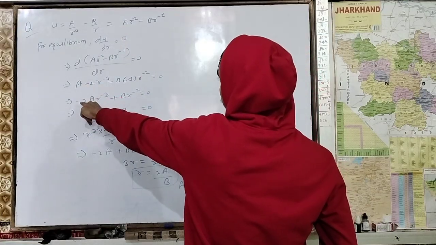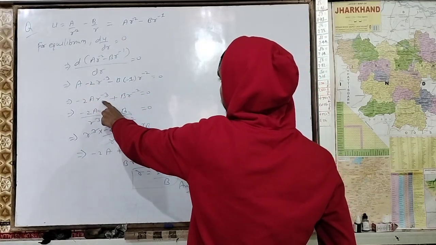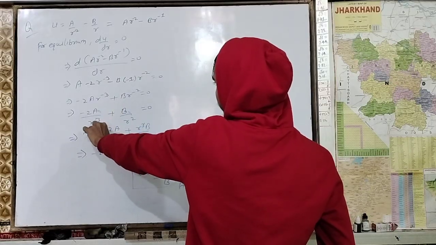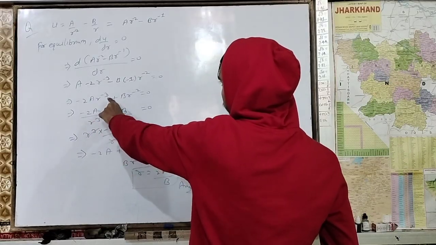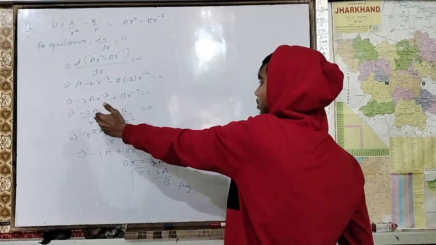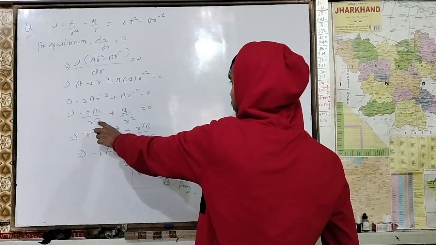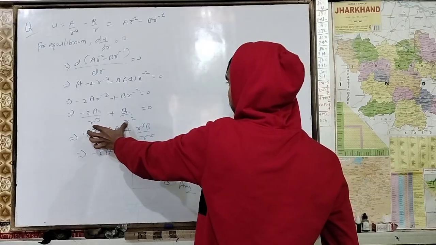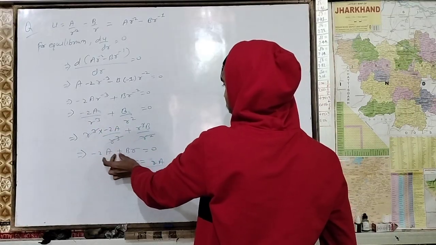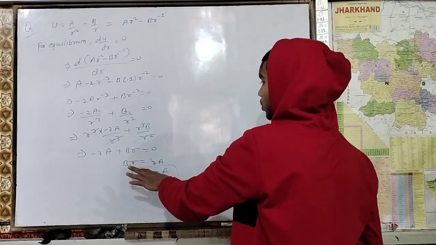So this is minus 2A upon R raised to power 3; we converted this into fraction form, and then we multiplied R cubed in both fractions so that they can be removed. So finally we got minus 2A plus BR is equal to 0.